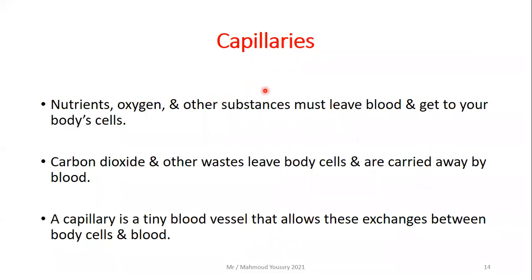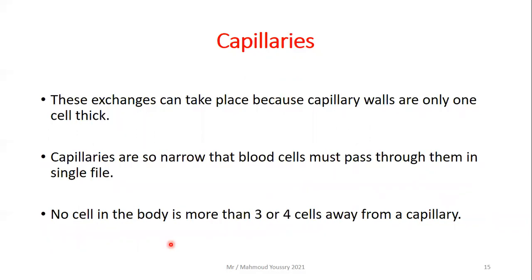What about capillaries? Nutrients, oxygen, and other substances must leave blood and get to your body cells. Yes, for sure. Carbon dioxide and other waste materials leave the body cells and are carried away by the blood. So how or where will this happen? A capillary is a tiny blood vessel that allows the exchange between the body cells and the blood.